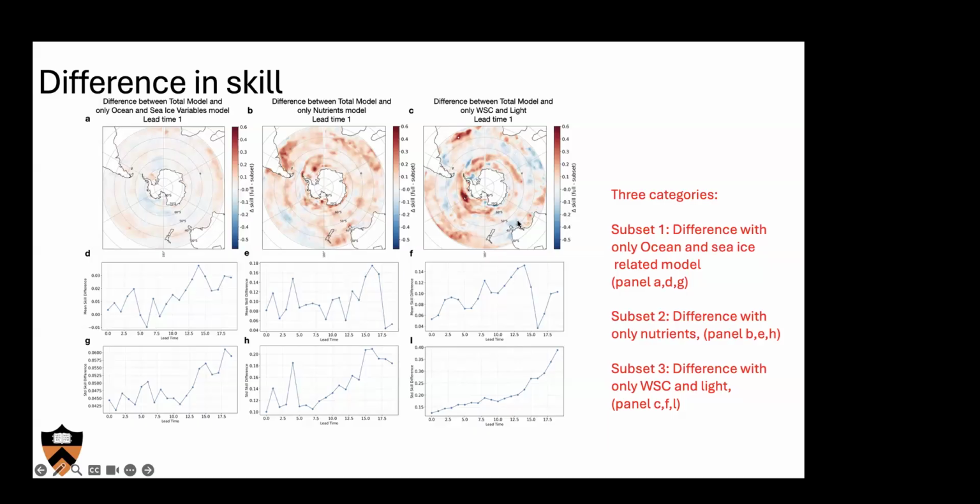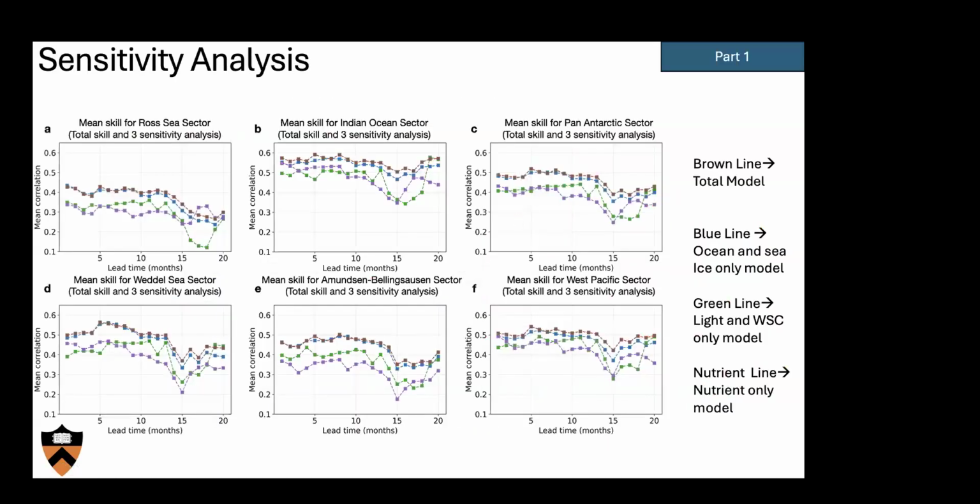Now, to better show this regional difference, I wanted to plot here the mean of the skill done in 6 different regions of the Southern Ocean. So the Ross Sea, the Indian Ocean sector, the Pan-Antarctic sector, the Weddell Sea in panel D, and the AB sector and the West Pacific sector.